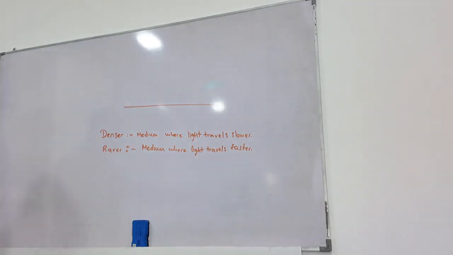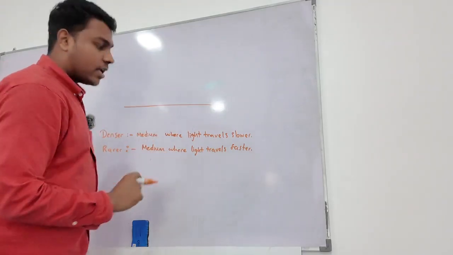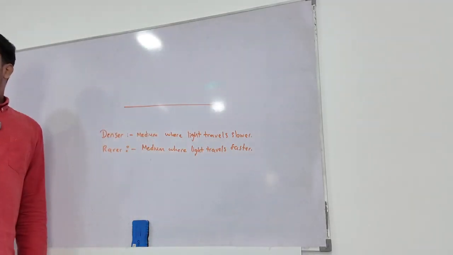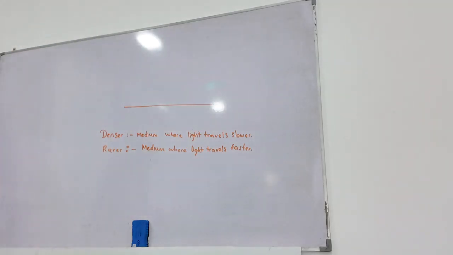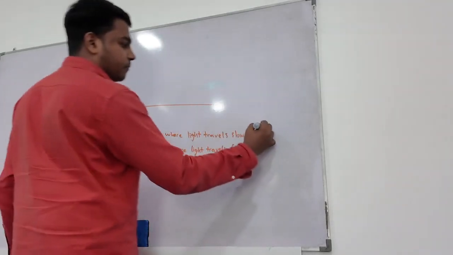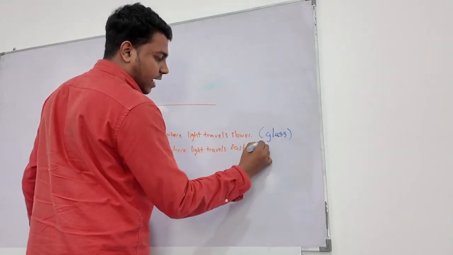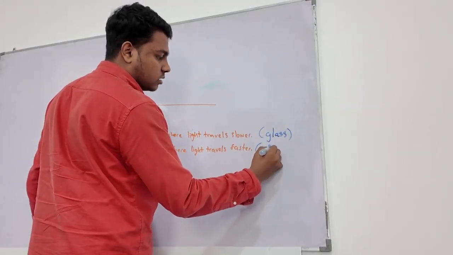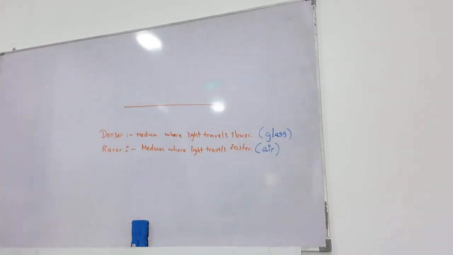So tell me, in this question, what is the denser medium, what is the rare medium? Yes, correct. So denser medium is glass. Rare medium is air. So basically, that's what happens there.